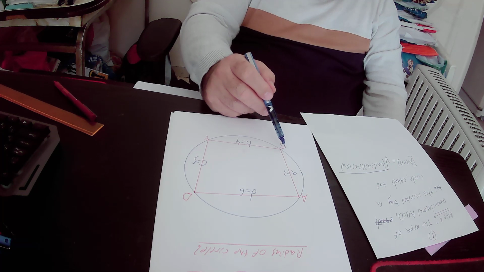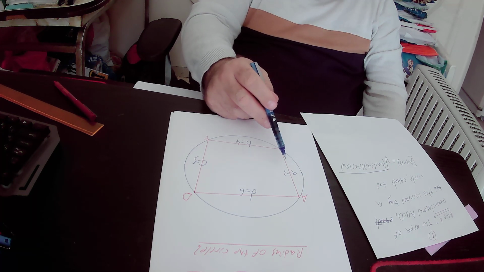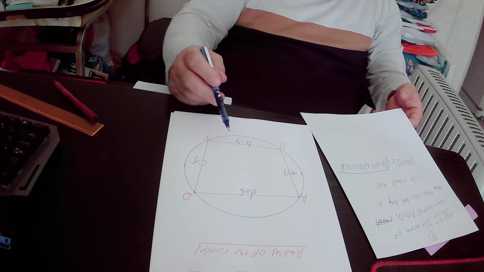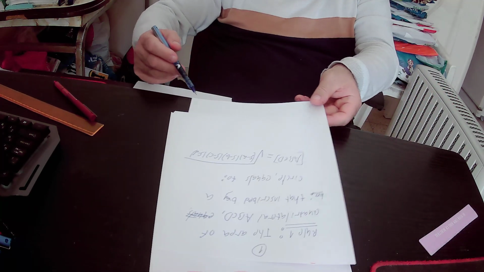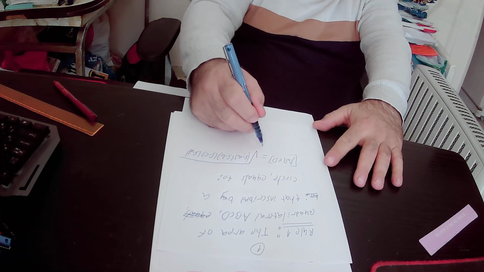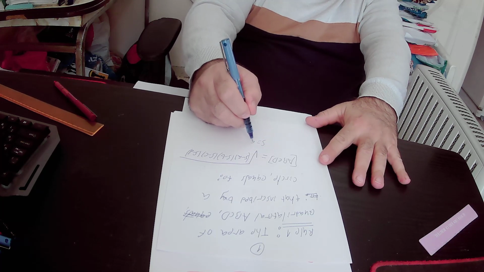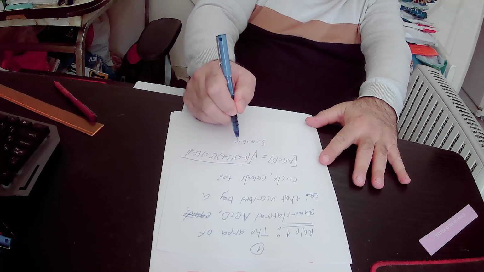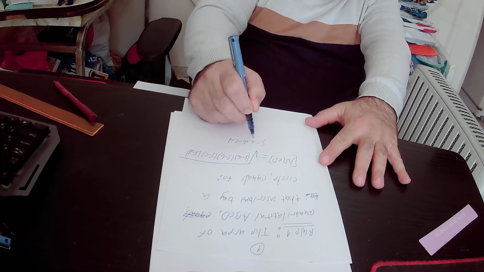Side AB equals A and A equals 3 units, and S equals A plus B plus C plus D over 2.